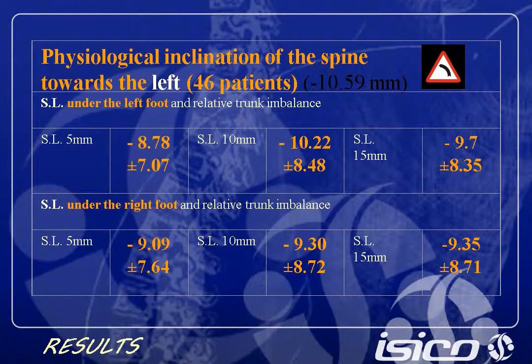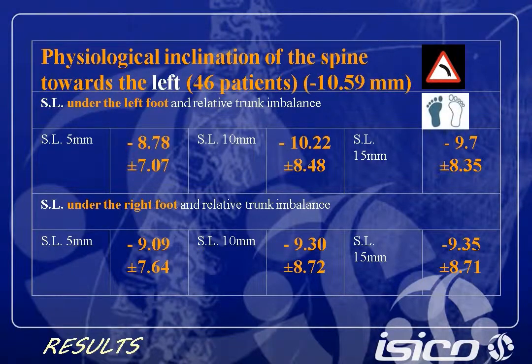As you can see, in all situations with the shoe lift under the left foot, at 5 millimeters, 10 millimeters, 15 millimeters, the situation doesn't change. It's the same if a patient puts a shoe lift under the right foot, with 5, 10, 15 millimeters: the imbalance of the trunk is almost the same, it doesn't change.